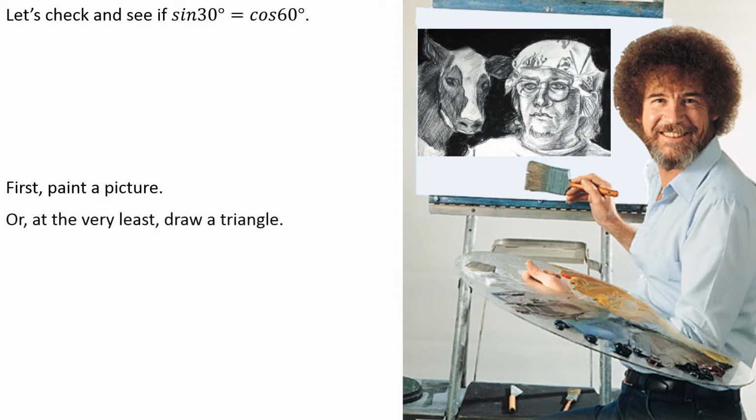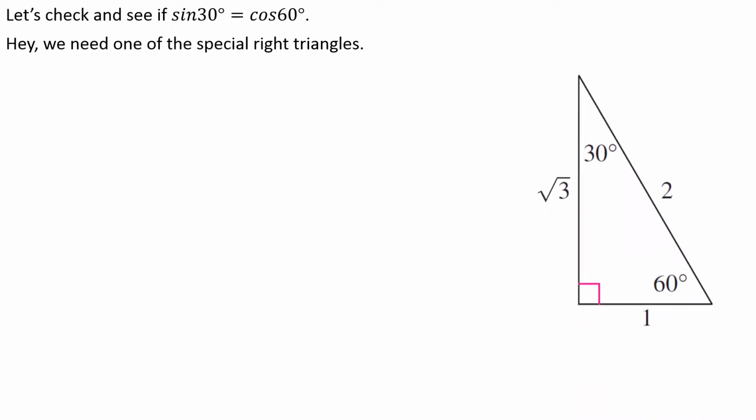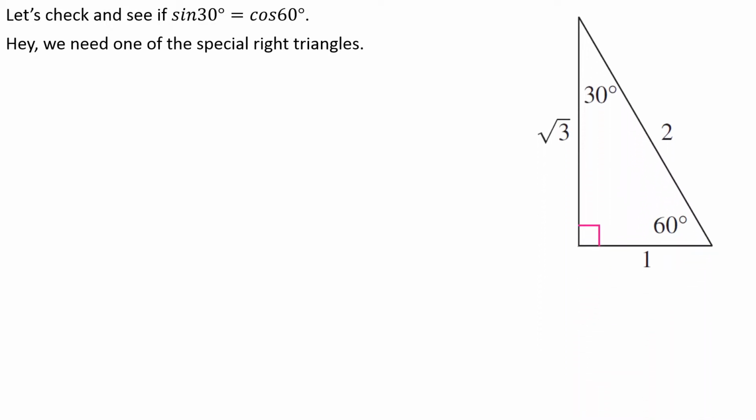That picture won't help. Let's draw a triangle. Oh my goodness, we know this one. It's the 30, 60, 90 triangle. The hypotenuse is 2. The short leg is 1.